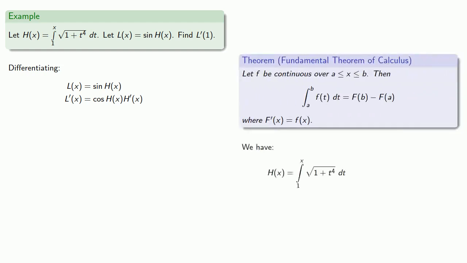H of x is going to be g of x minus g of 1, where g prime of x is the integrand. Again, since g of 1 is some particular constant value, the derivative will be g prime of x, and we know what that's equal to.